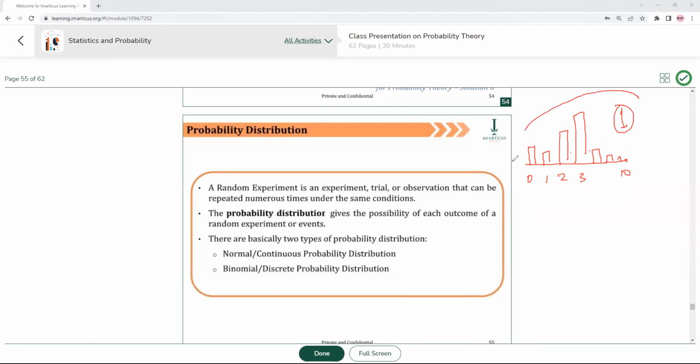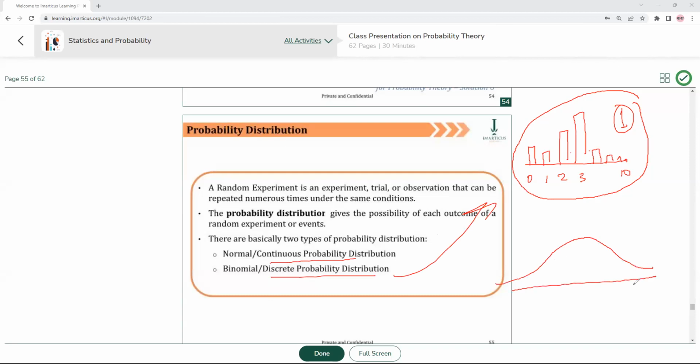So what we are looking into is, कैसा हमारा probability distribute होगा. Now here there are two types of distribution. One is discrete probability distribution जो मैंने दिखाया, and there is another one which is continuous probability distribution, which will be on a curve like this जो हमने देखा था.